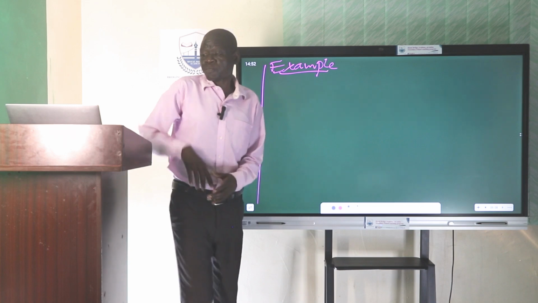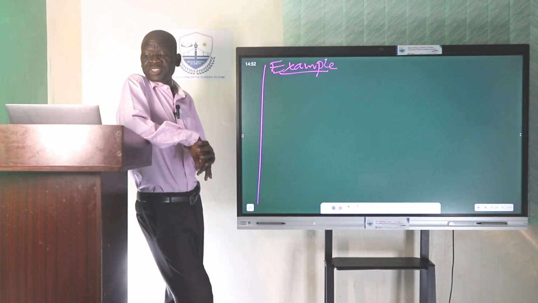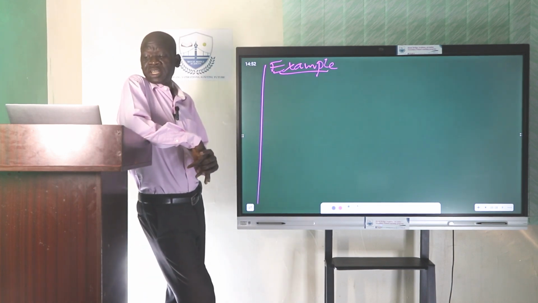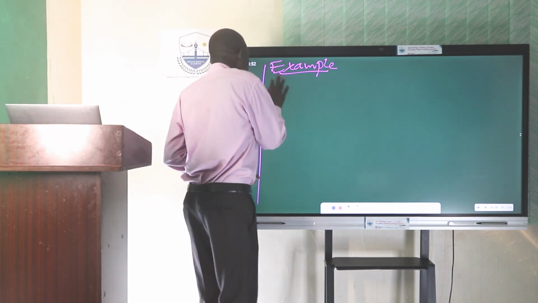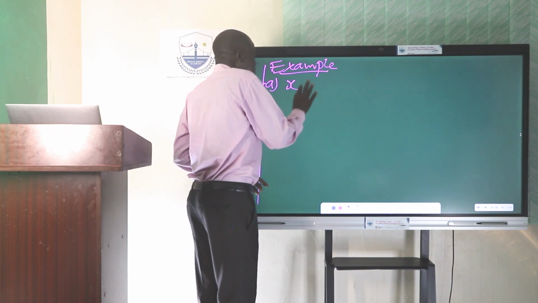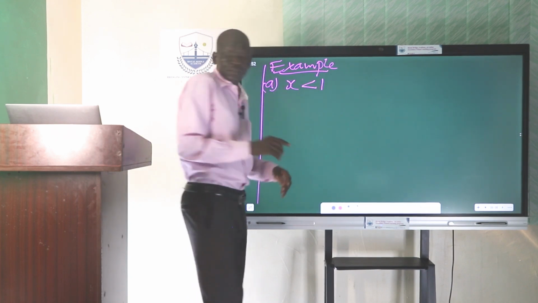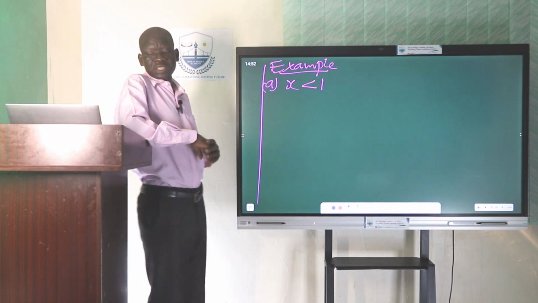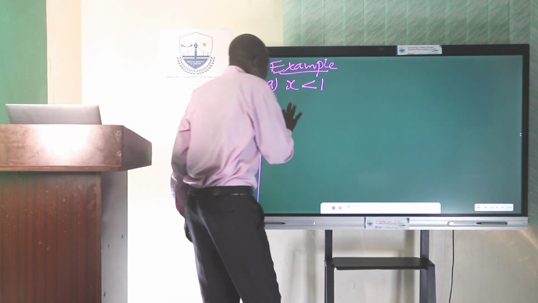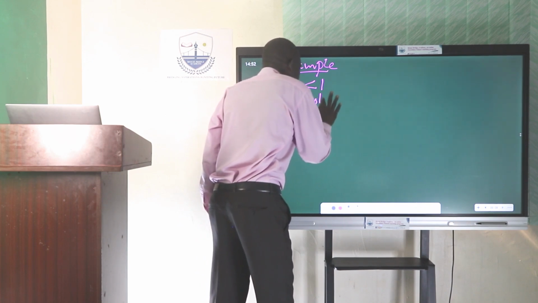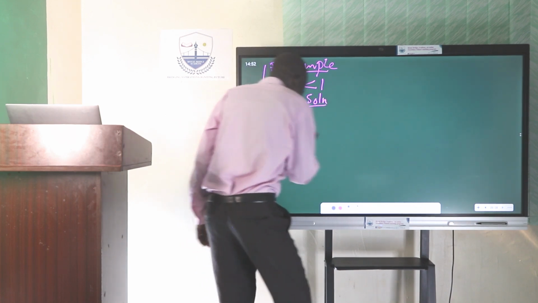Show these inequalities on a number line. Part A, we have x is less than 1. To show this on a number line, we start by drawing the number line.